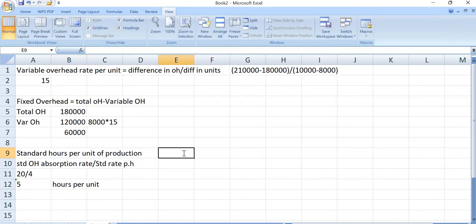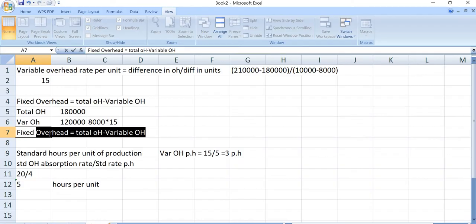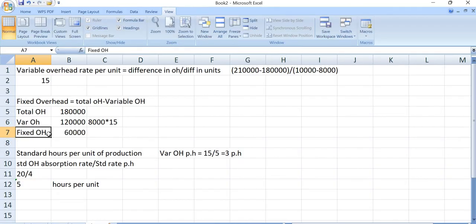Variable overhead per hour is equal to, already we have calculated 15 rupees per unit. So 15 divided by 5. That means 3 rupees per unit. Sorry, per hour. 3 rupees per hour. Now coming to fixed overhead. Fixed overheads is 60,000.